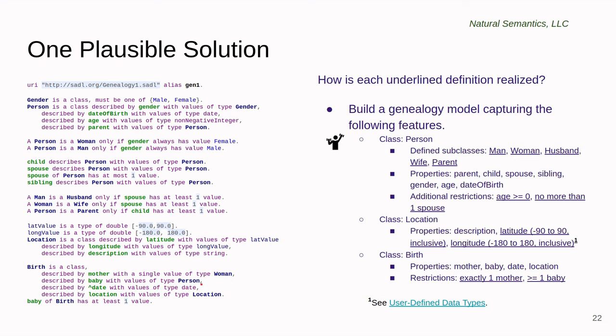With values of type, we're just specifying the range of the property. But when we say with a single value of type woman, we are putting on a restriction that it must have exactly one value of type woman on the birth class. So that completes our additional explanation of the restrictions in our genealogy model.